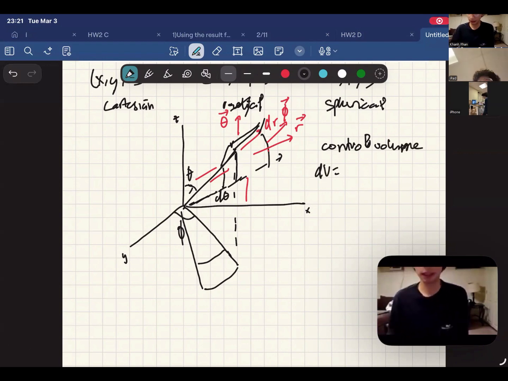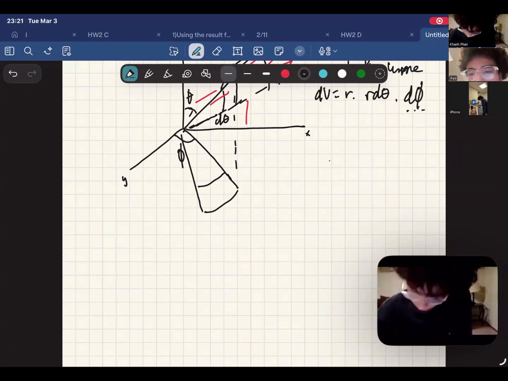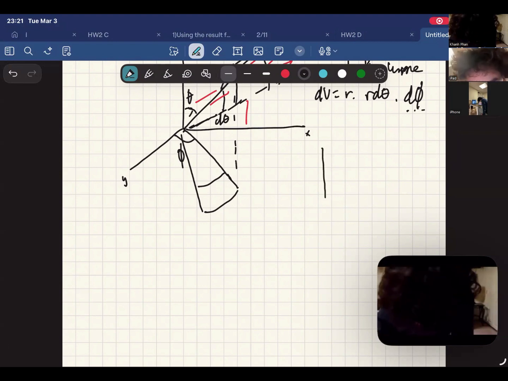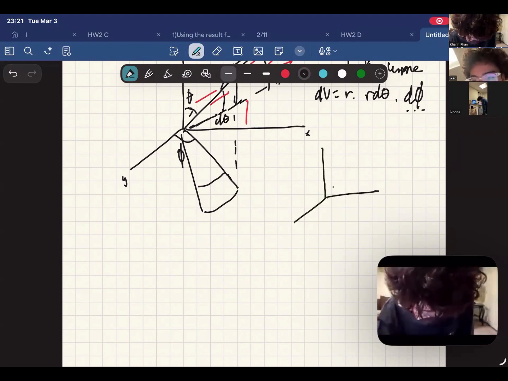Radius is already in unit length. And from the problem that we have done before, we know that to convert theta to unit length, we multiply it by the radius because theta is in radians. And then for phi, it's a little tricky, okay? So let's just draw this. I'm going to help you figure this out.